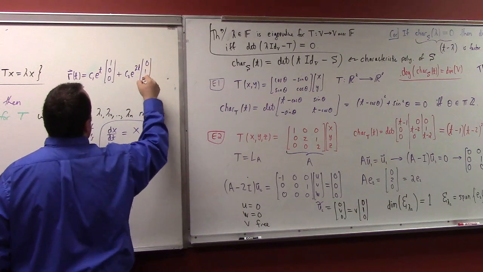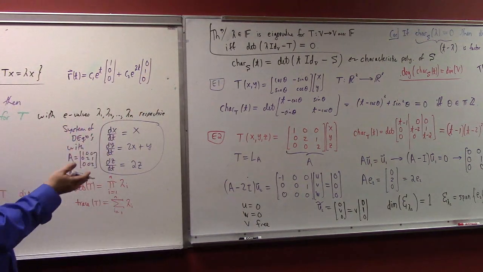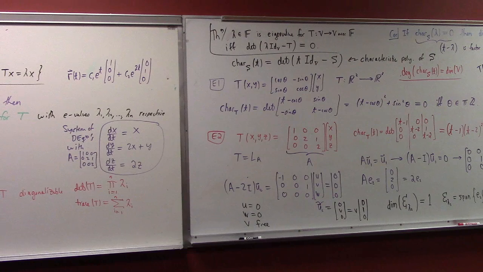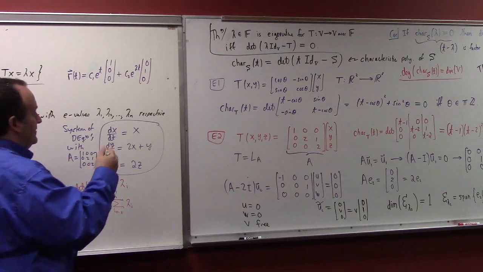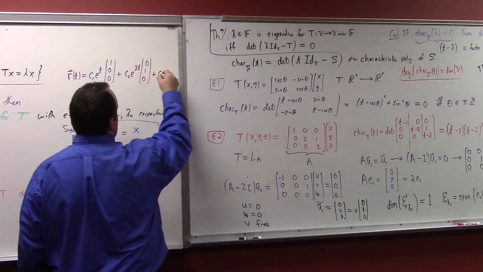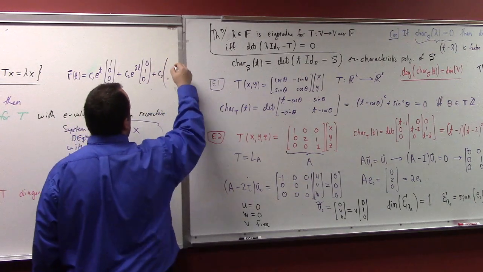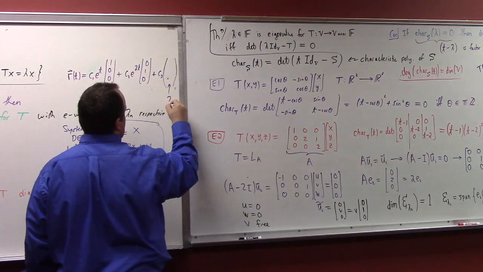That's lovely, but that's not a general solution, because it's a system of 3 differential equations. The general solution must contain 3 linearly independent solutions. That's only 2. The third one we haven't got yet. So what goes here?